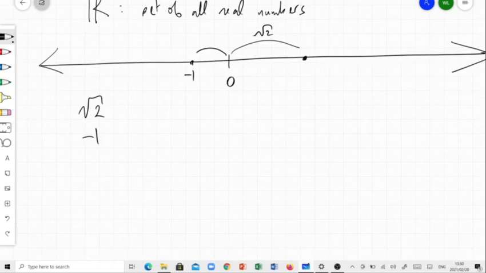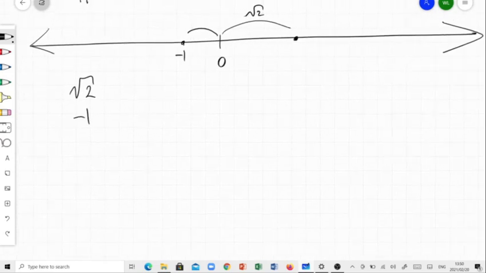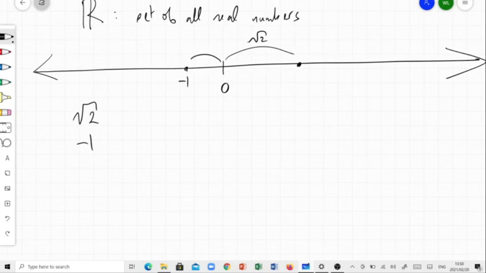Okay, so in this way, real numbers can be viewed as addresses to every single point on the real number line.